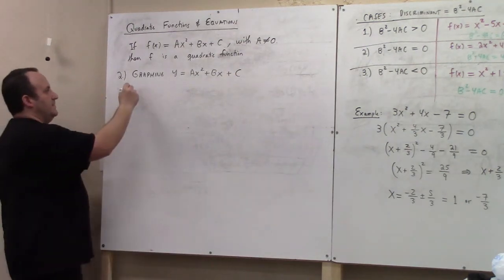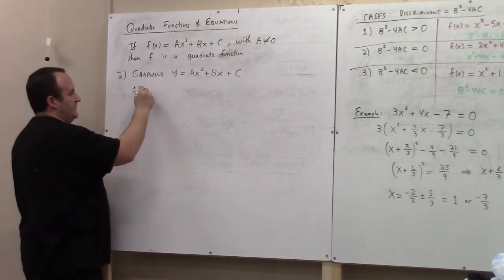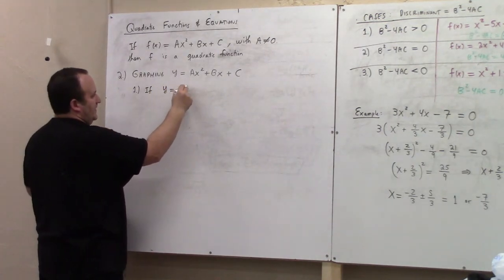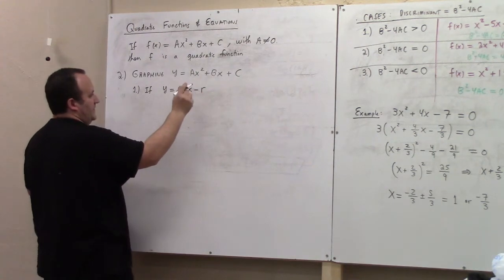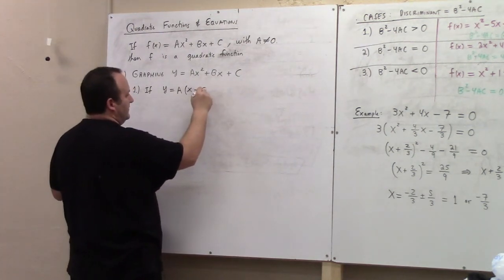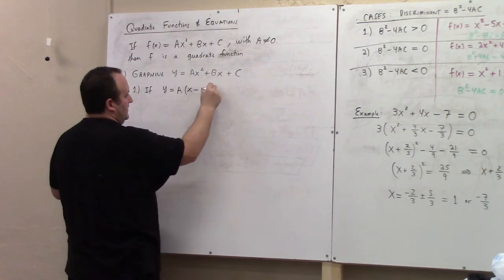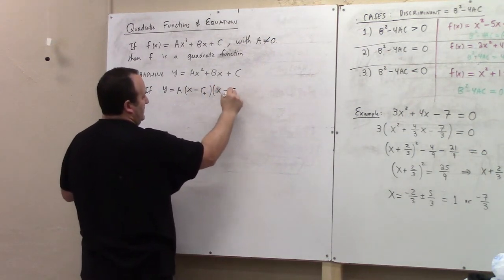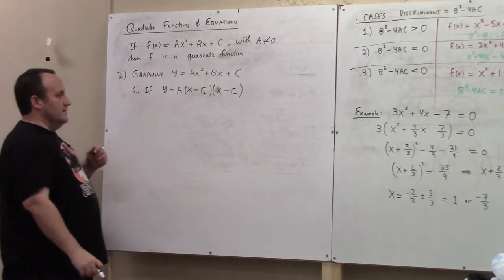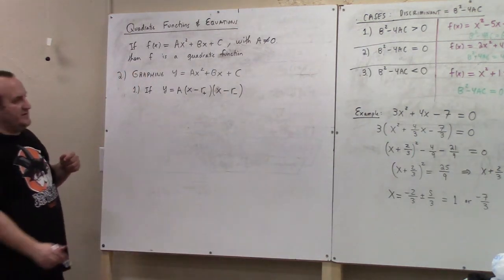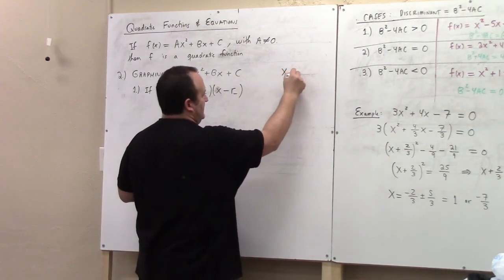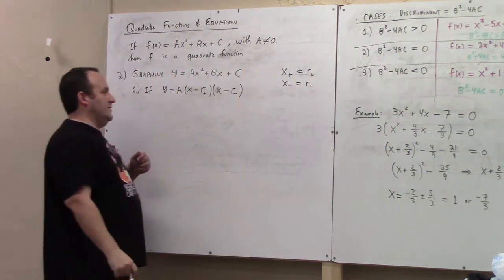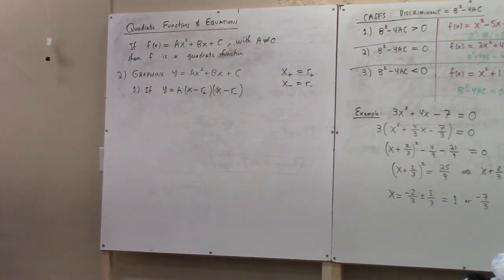So number 1, if y is equal to a times x minus, and I'm going to use r for root, r plus and x minus r minus. Essentially, I've just changed notation: x plus is r plus, x minus is r minus. I don't want to use x again. I want to use r plus and r minus to make you think of a number.